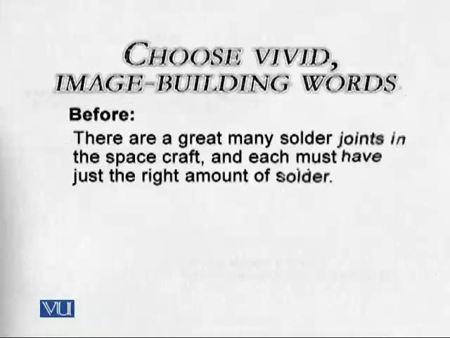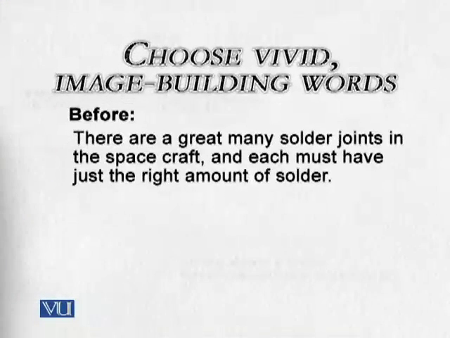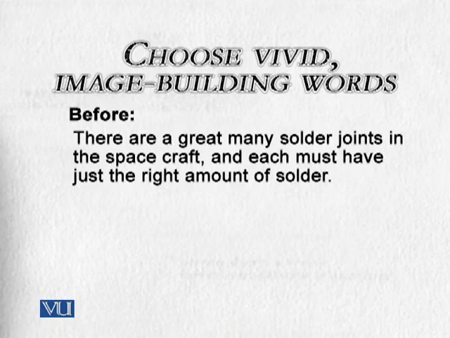Now, the third and the last principle of concreteness: have such words which could create images and pictures in your reader's mind. Please take a look once again at some examples. There are a great many solder joints in the spacecraft, and each must have just the right amount of solder.